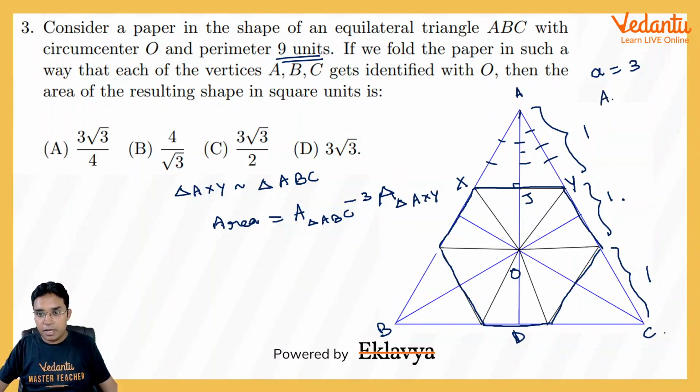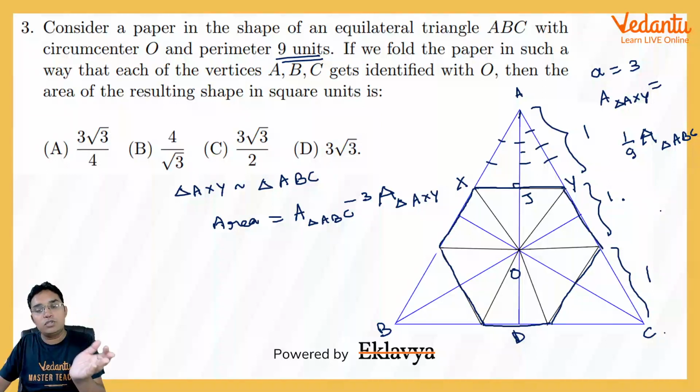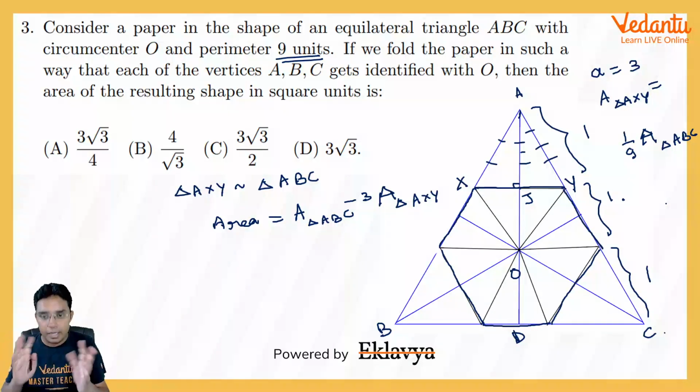I think the area of triangle AXY will be 1/9 of the area of triangle ABC. Why am I saying 1/9? Because the ratio of the corresponding side length is 1:3, so the area should have ratio 1:9, because to find the area I have to multiply the side 2 times. So 3 into 3, 9.